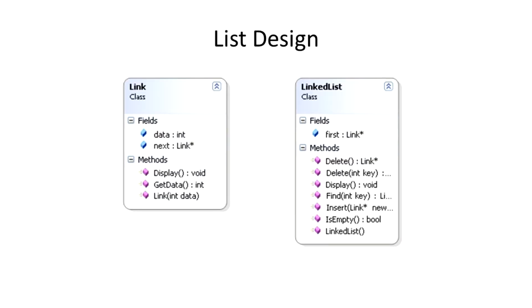This UML class diagram recommends that we create two classes to model our linked list. The class on the left, called link, is how we model the entities that we want to store in the linked list. So we've called it link, but this is the node class. So whatever objects or items that we intend to store in the list is going to be modeled in this class.